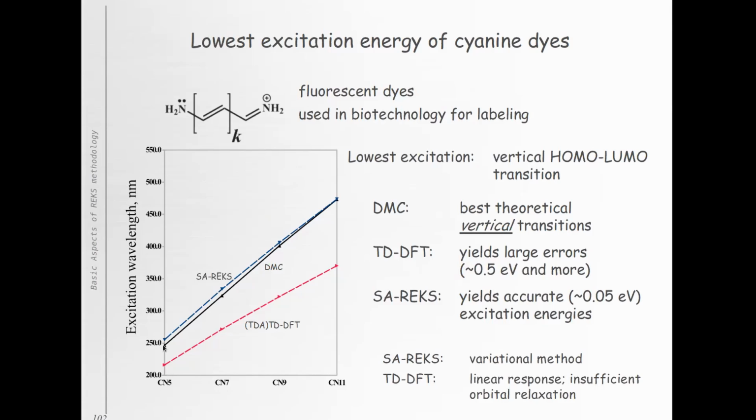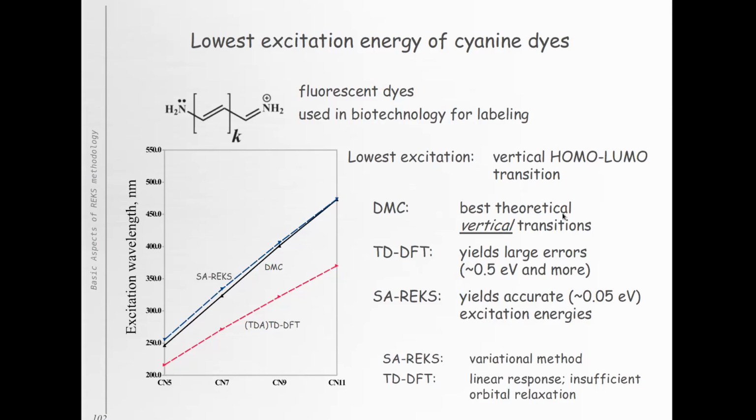So generally these are cationic molecules, of course. And these fluorescent dyes are used often in biotechnology as fluorescent labels. So they have long-living excited states and they can fluoresce at varying wavelengths.